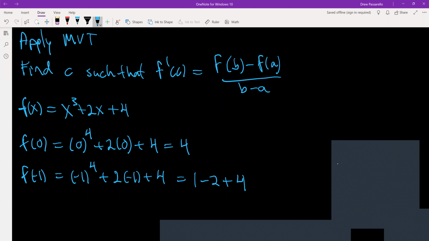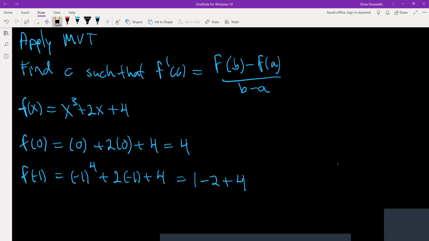Sorry, I got tripped up here. I put a 4th power right here, so that's why I was wondering what's going on. So this needs to be cubed because there's a cube for x cubed. So then this actually makes this -1, -2 plus 4. So that's -3 plus 4, so that's equal to 1. All right, so that was a mistake. I should have put cubed versus to the 4th power.